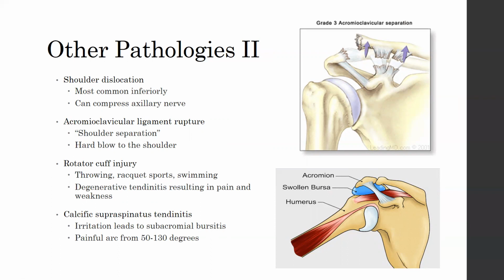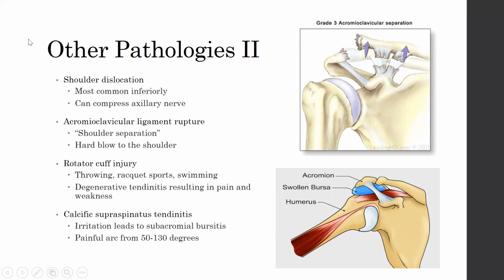Yeah, rotator cuff injury. Basically, a lot of the movements where your arms are above your head, like swimming or throwing or racket sports, things like that, you can get degeneration of the tendons, causing pain and causing weakness. Calcific supraspinatus tendinitis.